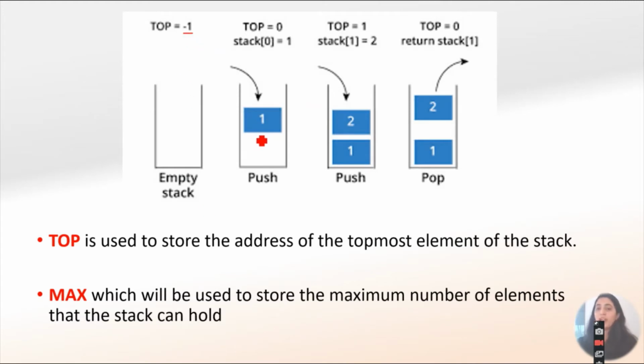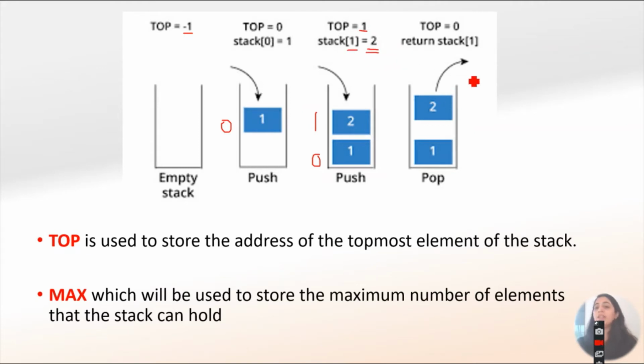When you push one element to the stack, that goes in the 0th location. Okay, so your top is equal to 0 and stack of 0 will have value 1. When you push the next value 2 to the stack, now your stack top is at location 1. So top is equal to 1 and stack of 1 will give you value 2.